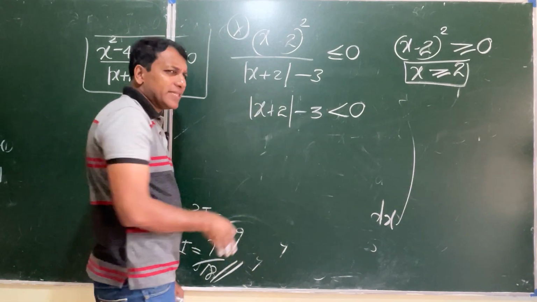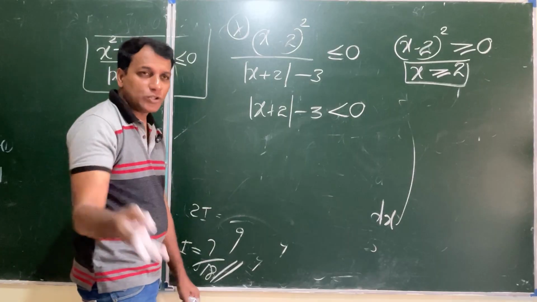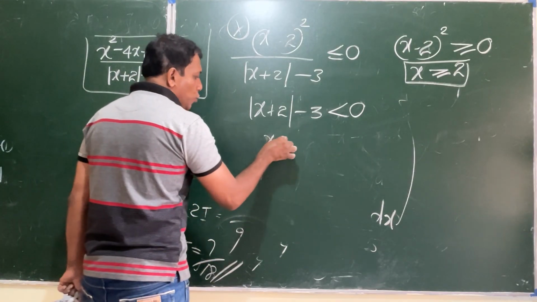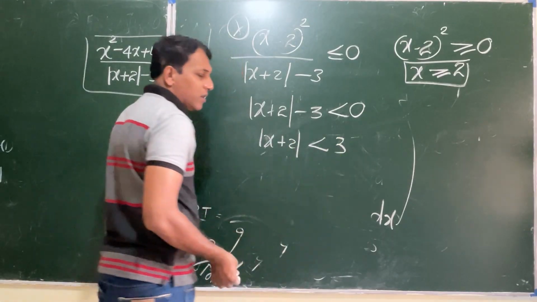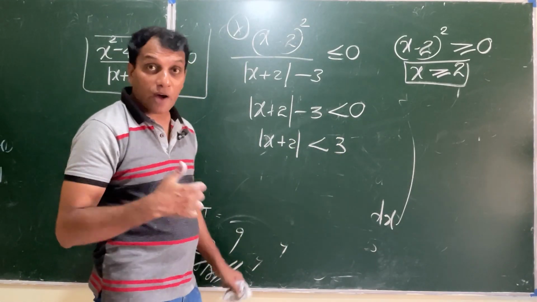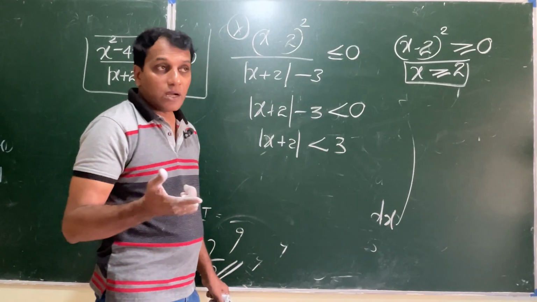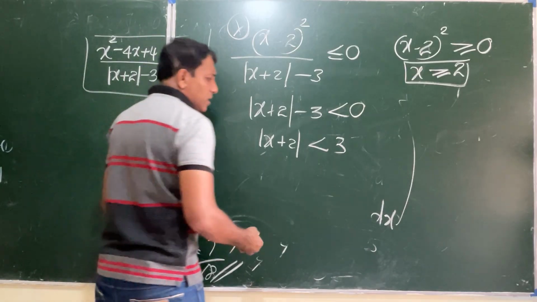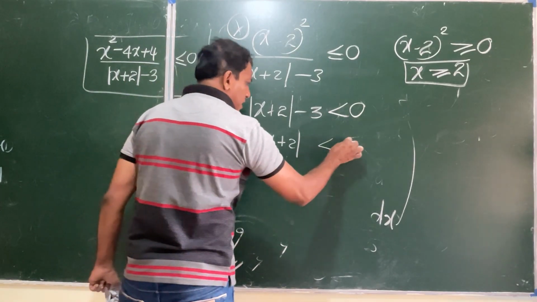Now solve it with the basic first day lesson of modulus inequality from your classes, tuitions or schools. So modulus of x plus 2, I can solve by many methods: squaring both sides, solving by graphical method, and putting the plus or minus symbol. Modulus of x plus 2 is less than 3.